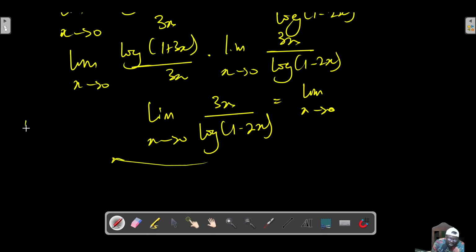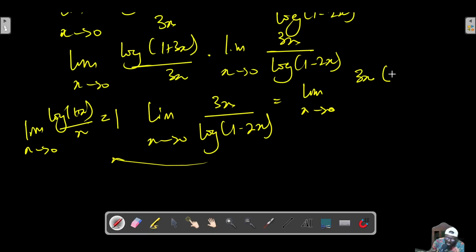The standard was the limit as x is approaching 0 of log(1 + x) divided by x is equal to 1. So that's what I want to get here. Now, if I reciprocate this, I'll also end up with the same 1. So I can do one thing.